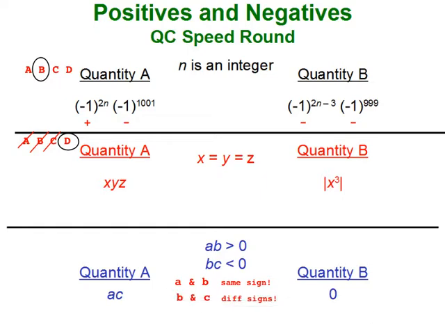So we can think of this as B and C having different signs. And now we just have to take 1 and add it to 2. If A and B are the same and B and C are different, this must mean that A and C are also different signs, meaning that quantity A is going to be negative. Therefore, quantity B, 0, is bigger. Our answer is B.